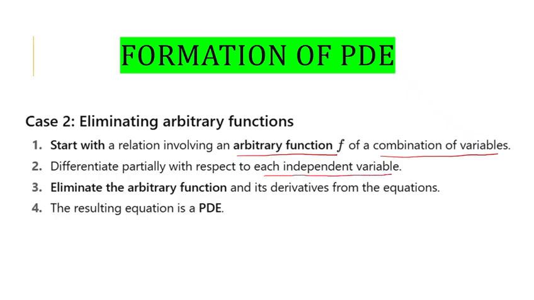We will get further equations, and by eliminating the arbitrary function and its derivatives in the resulting equations, we get our resultant PDE. So in our next session, we'll be seeing how to form a partial differential equation.